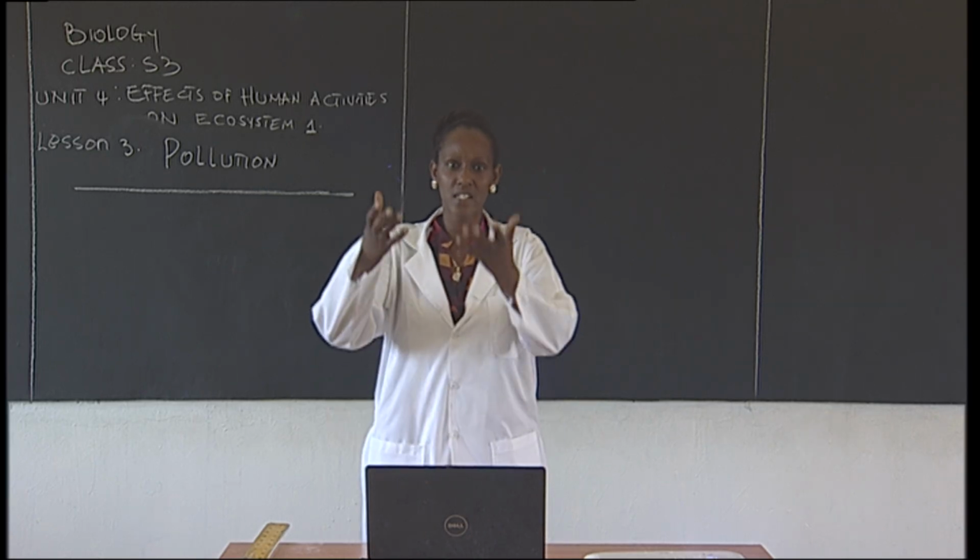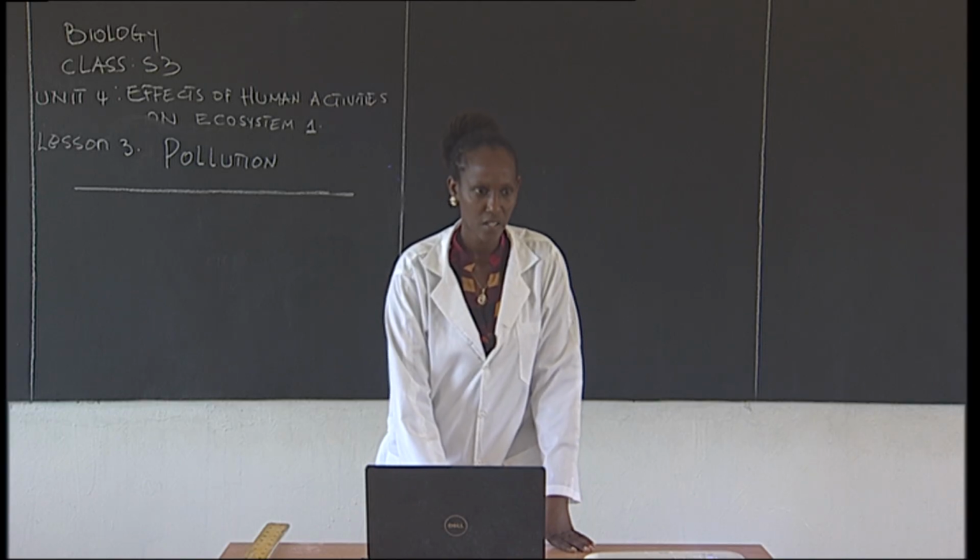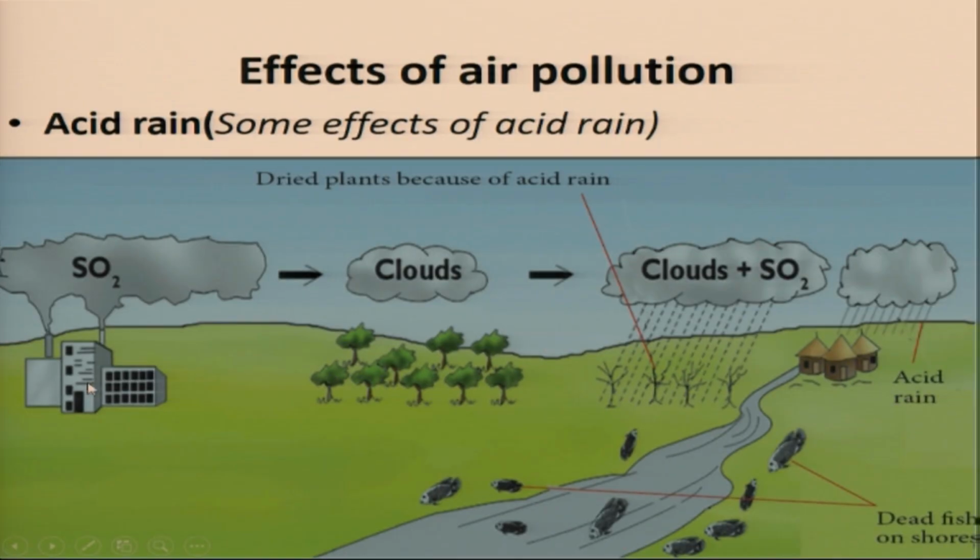When they were released in the atmosphere, for example, the sulfur dioxide, see this is the factory. Look on the screen there. You see there is this factory here. It has released what we call sulfur dioxide, and sulfur dioxide is also among the greenhouse gases.